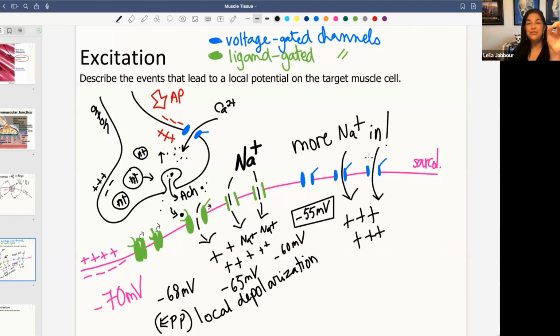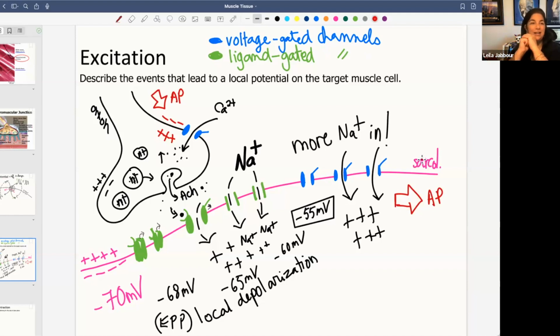When voltage sensitive channels open for sodium ions and the sodium ions rush in even more, the depolarization is huge, and that's the firing of an action potential. Once these channels open, it's like a domino effect. Once you open them, there is no coming back. It's just like we talked about between two neurons. The action potential is fired.